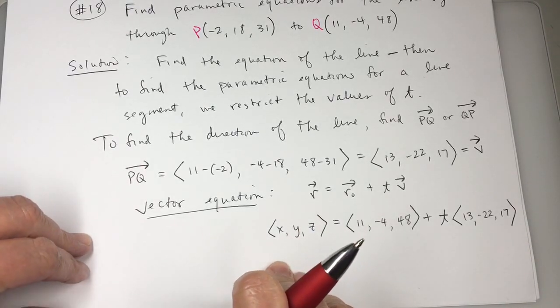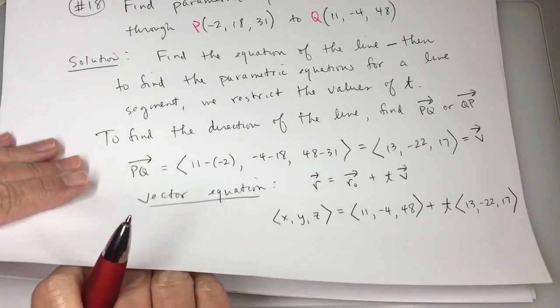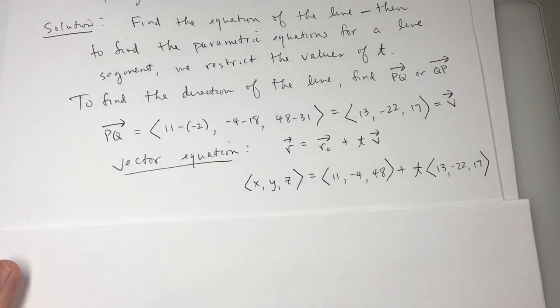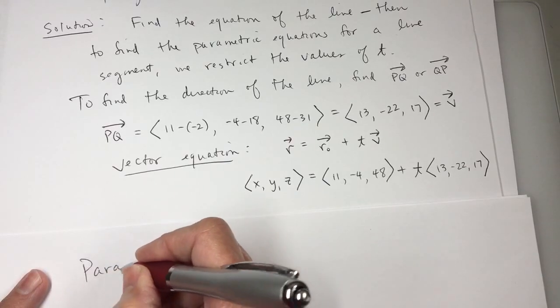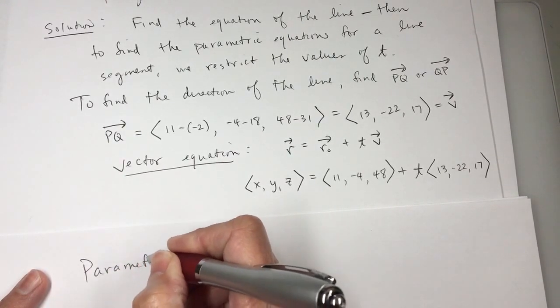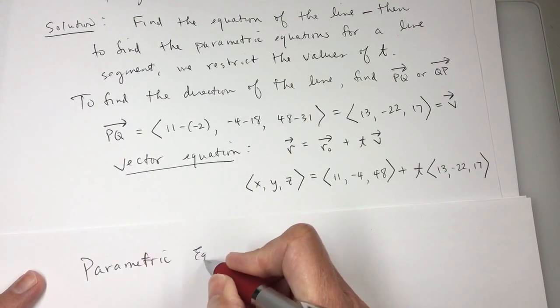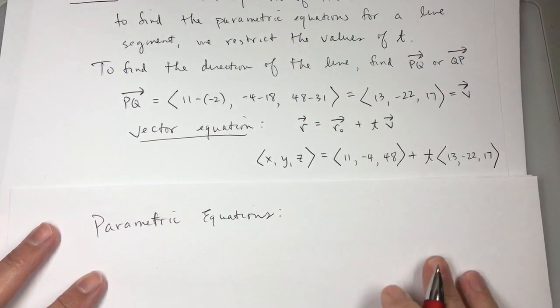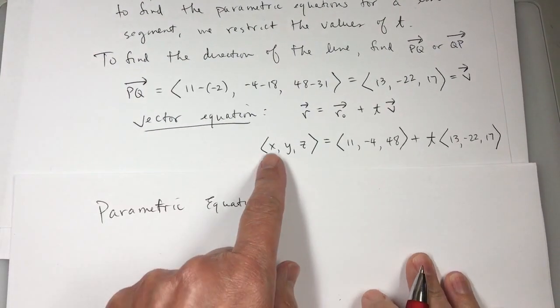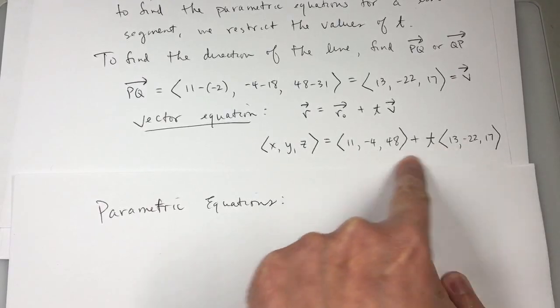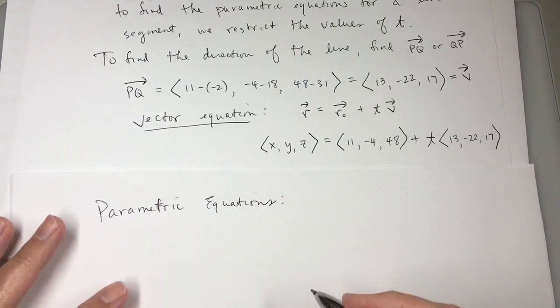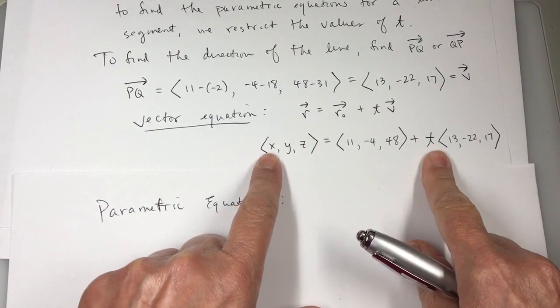There's the vector equation for that line. It's not the line segment at this point. For the parametric equations, you really didn't have to find the vector equation first. You could memorize a formula for parametric equations. Looking at the vector equation, I have to combine these two vectors, distribute the t, add corresponding components, and then equate my components.